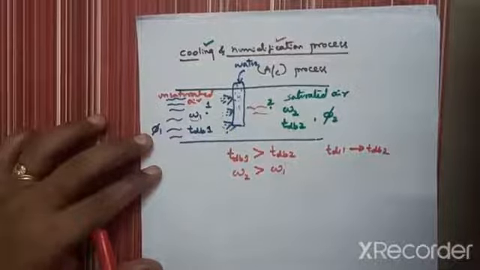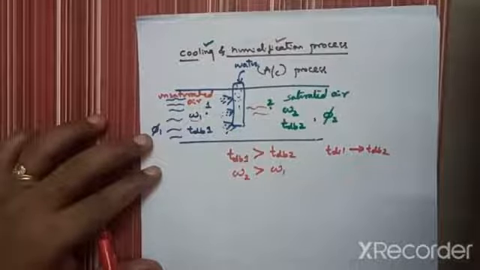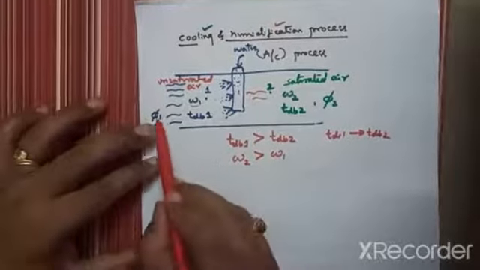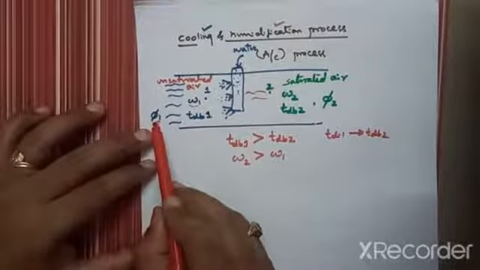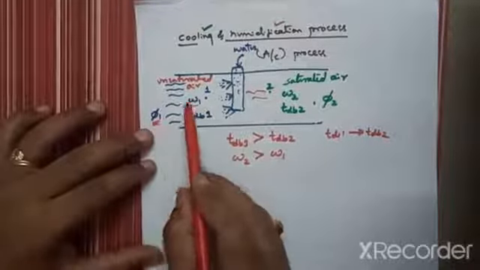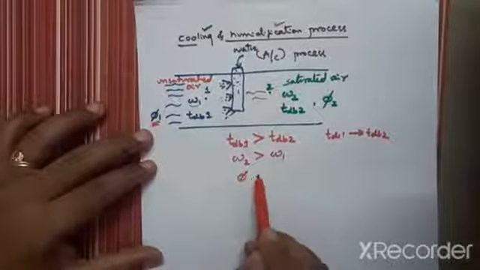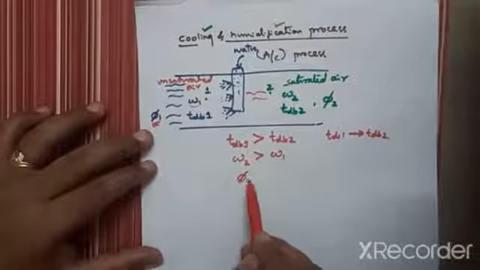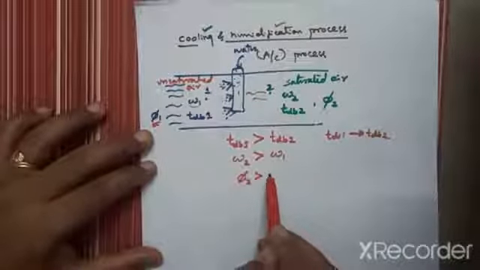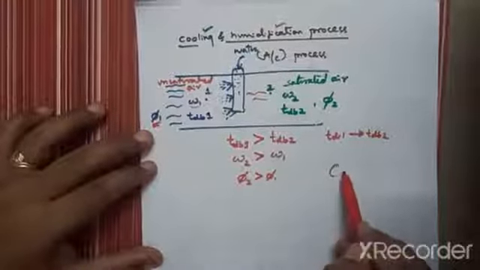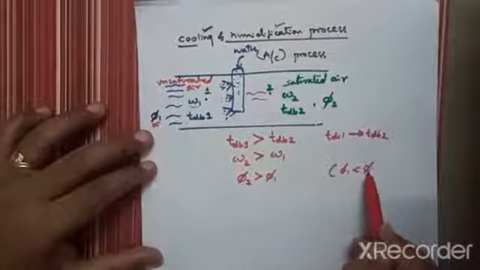Omega 2 will be more than omega 1. And the relative humidity depends upon the water vapor, and here the water vapor is less initially. Obviously the value of phi 1 is less than phi 2. So phi 2 is more than phi 1, or phi 1 is less than phi 2, both are the same.